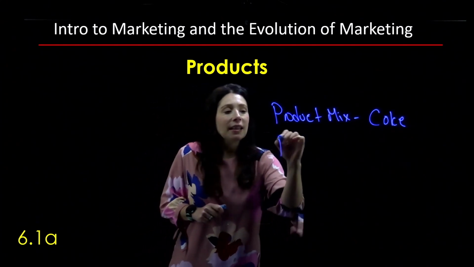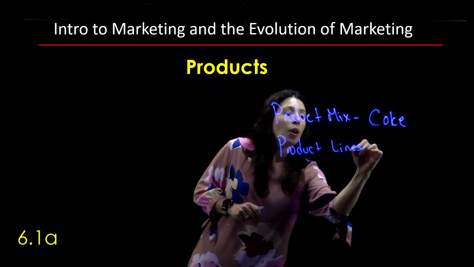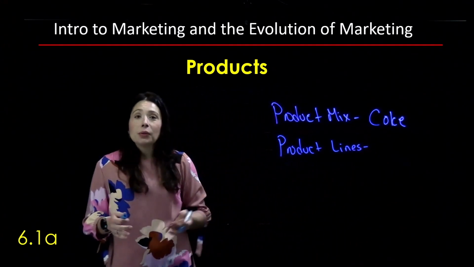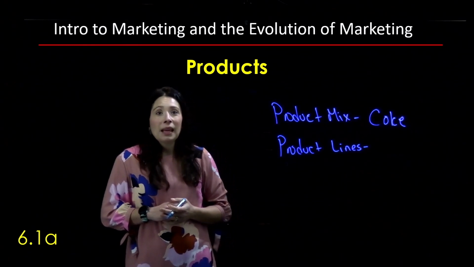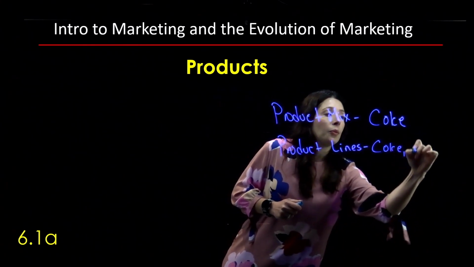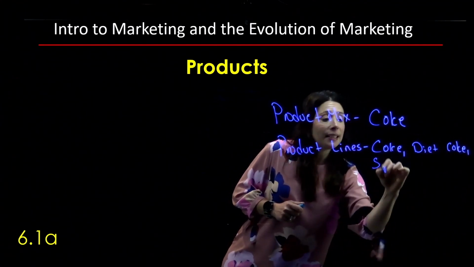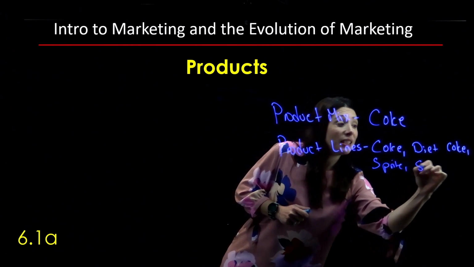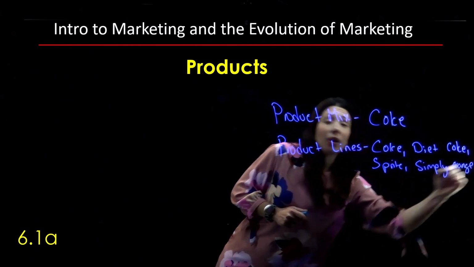Now, product lines are often small business units or SBUs within the overall product mix matrix. In the example of Coke, we have Coke, we have Diet Coke, we have Sprite, we have Simply Orange, and the list goes on.